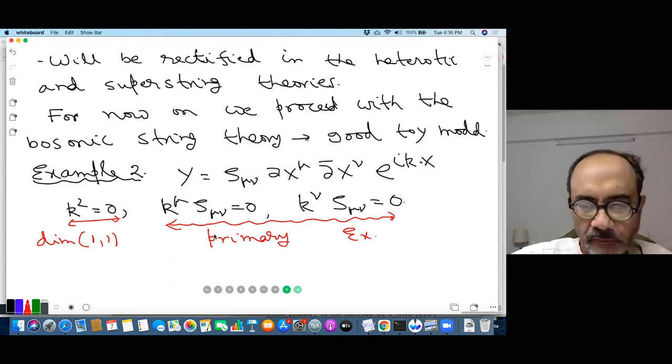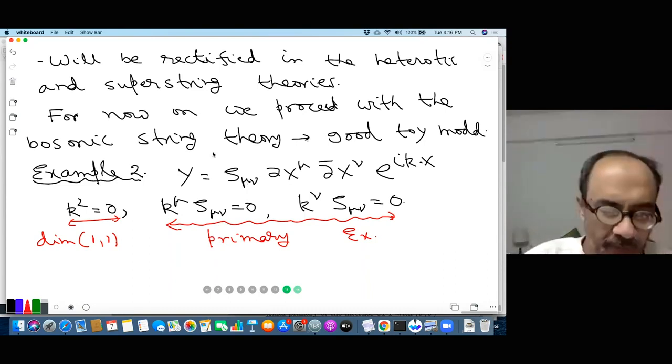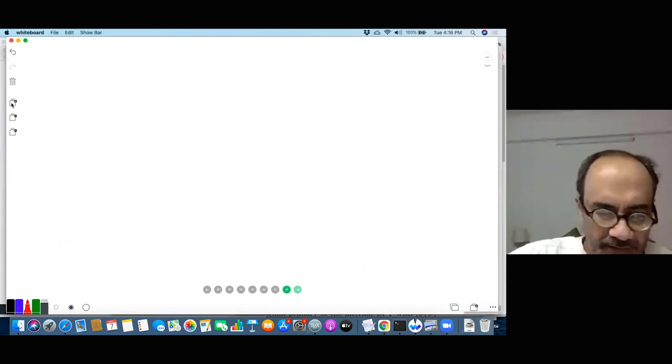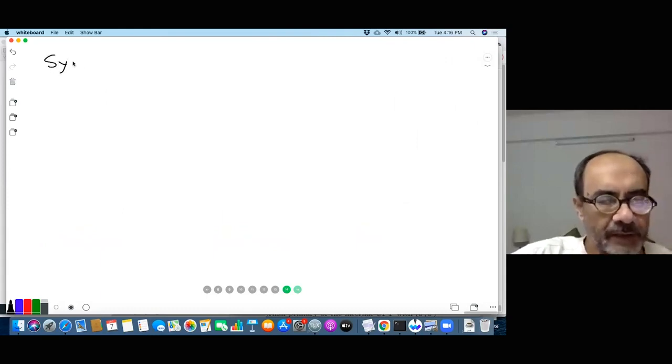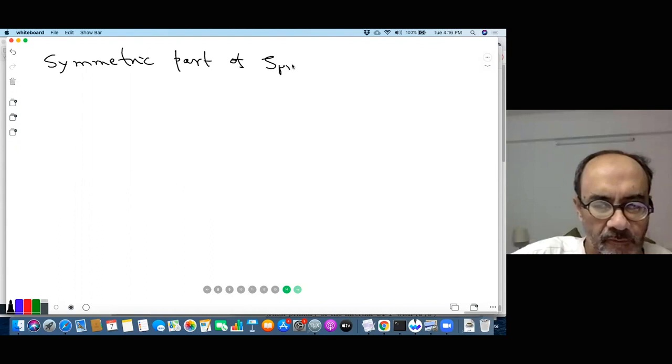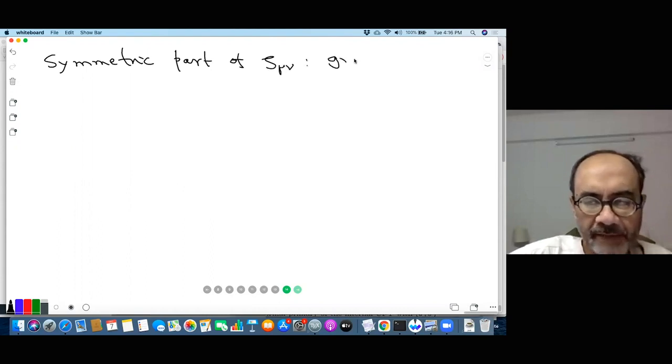So zeta mu nu here has no symmetry. But now I'm going to decompose this into symmetric, antisymmetric, and traceless parts. So the symmetric and traceless part of zeta mu nu describes the graviton.